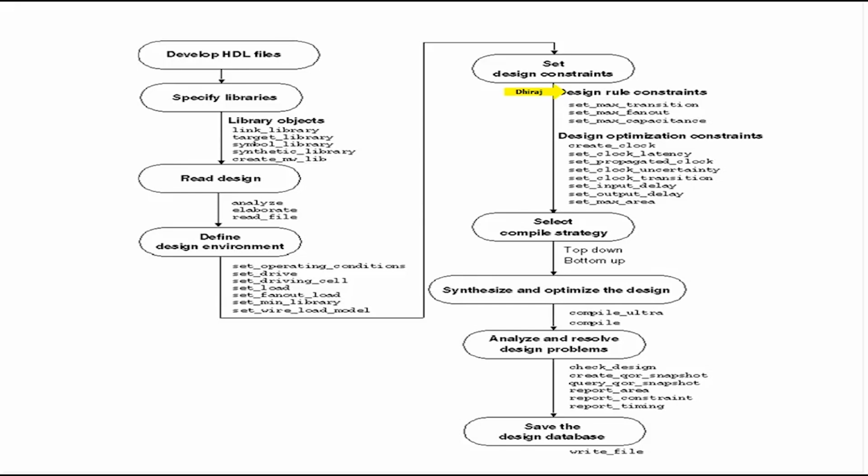We will focus on two sets of commands here: design rule constraints and design optimization constraints. This lecture would be the end of setting up the block for synthesis. In the next one, we will look at the different compile strategies and the actual compile command.